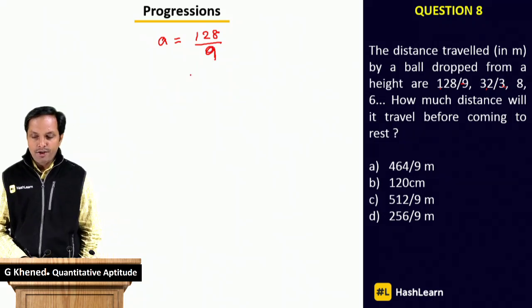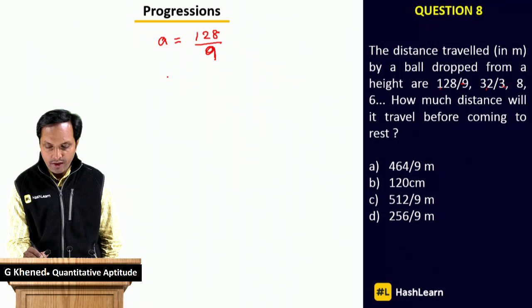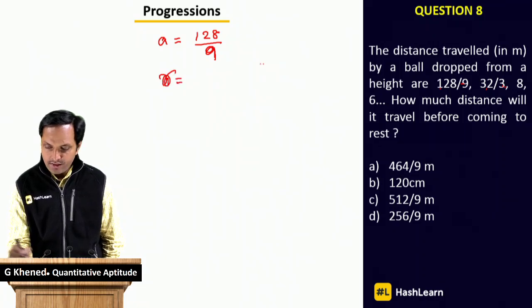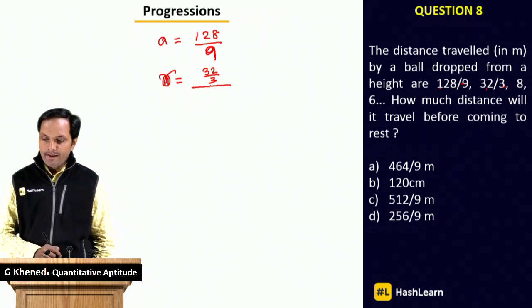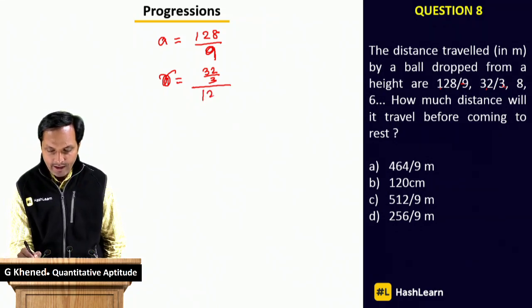So what is the common ratio? The term is 32 by 3 whole divided by 128 by 9. So what does that give you?